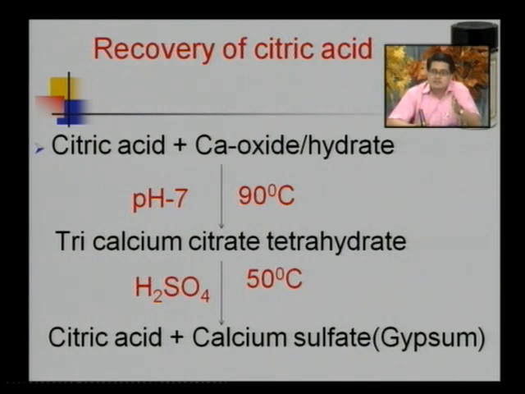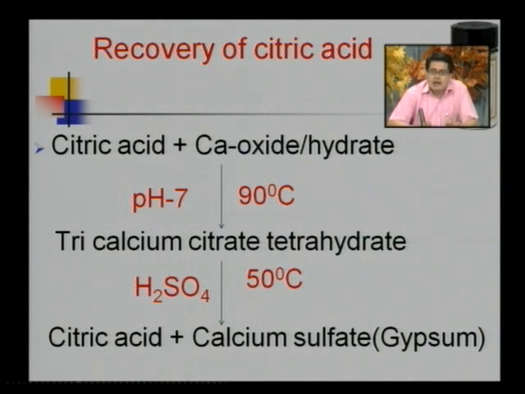This calcium sulfate precipitate is later taken off from the mother liquor, and the mother liquor now contains the citric acid. So this is how one can separate citric acid from the fermentation broth. But the citric acid recovered from the mother liquor after removal of calcium sulfate still contains some impurities, and these can be removed by treating it with active carbon.